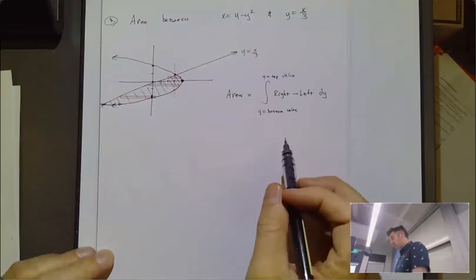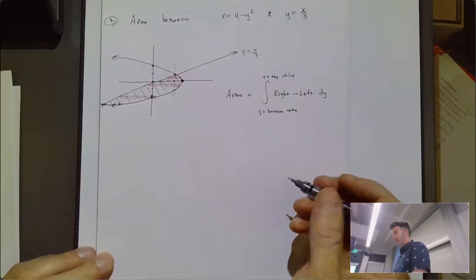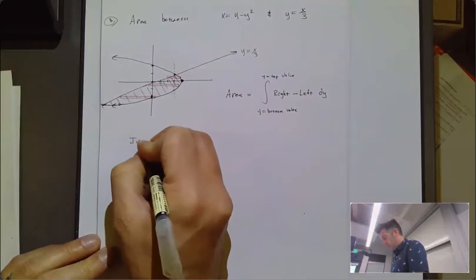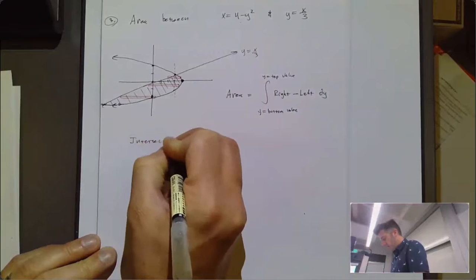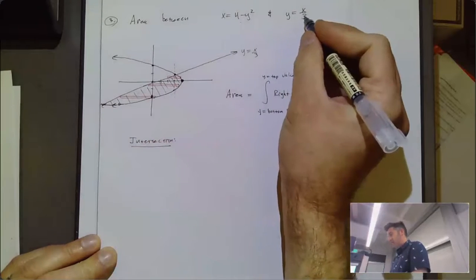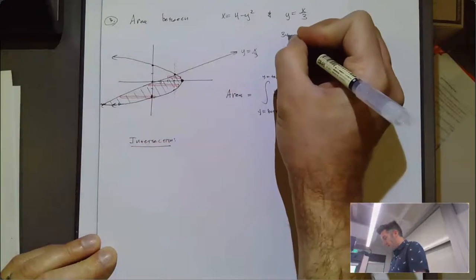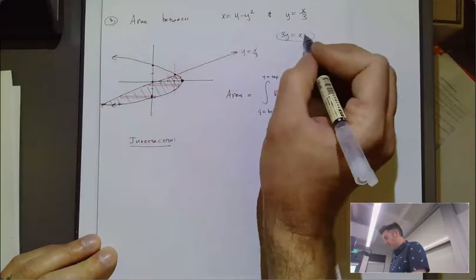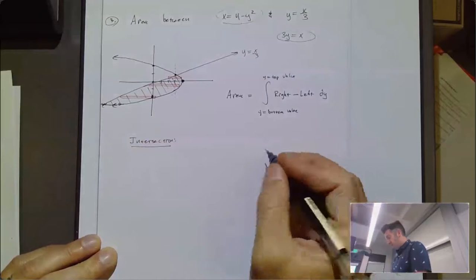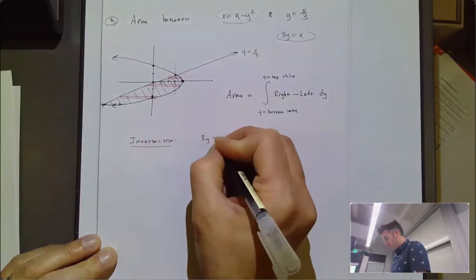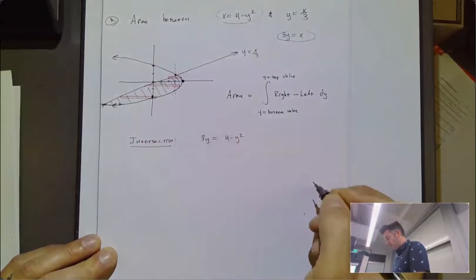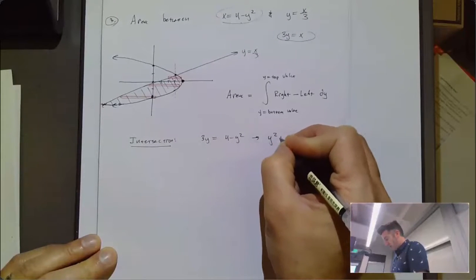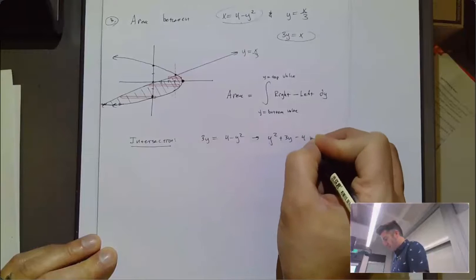So a couple things, let's find where they intersect. It might be helpful if I rewrite y equal to x over 3 as 3 times y equal to x. Then I can set this equal to that and get 3y equal to 4 minus y squared, or bringing everything to the left, y squared plus 3y minus 4 equal to 0.